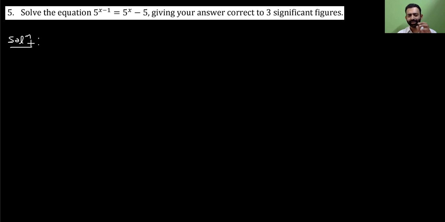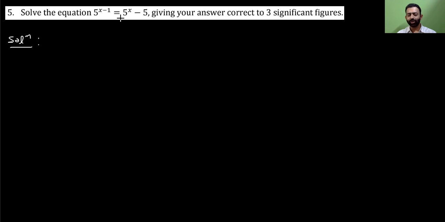But there is some glitch in this, that you cannot directly apply the log on both the sides, right? Why? Because if you apply the log on LHS, it will become x minus 1 log 5, but in RHS there are two terms, 5 raised to power x minus 5.